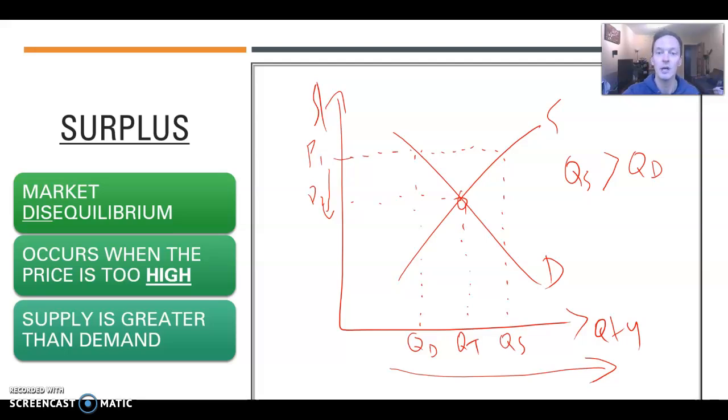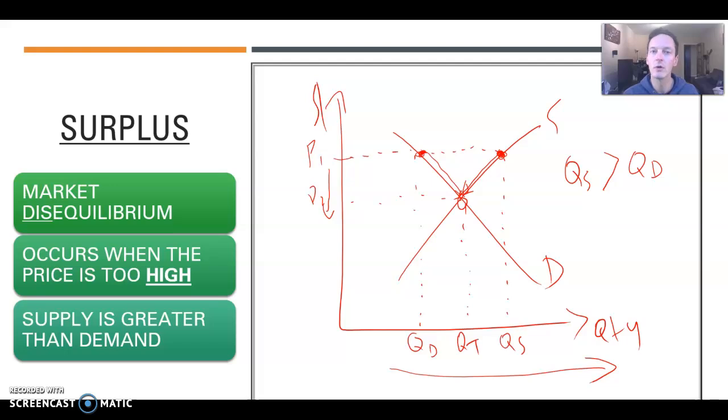Essentially, you've moved your consumers from this point on the demand line down to this point. You had a movement along, and your suppliers have also had a movement along. They've moved from this point down to this point just by changing price. So I hope that clears up any questions about movement along the supply curve.